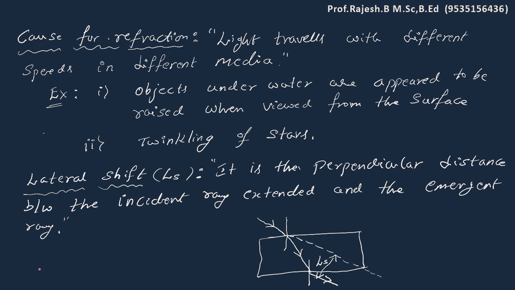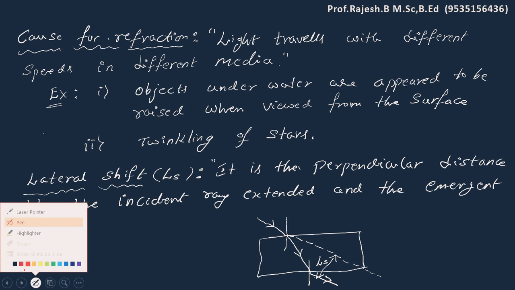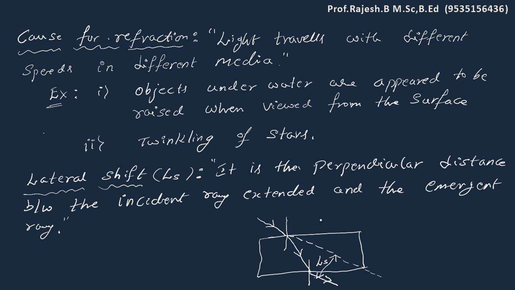Lateral shift: when you take the parallel sided glass slab, this is the incident ray path and this is the emergent ray path. The perpendicular distance between these two is called lateral shift. Perpendicular distance between the incident ray extended and the emergent ray.